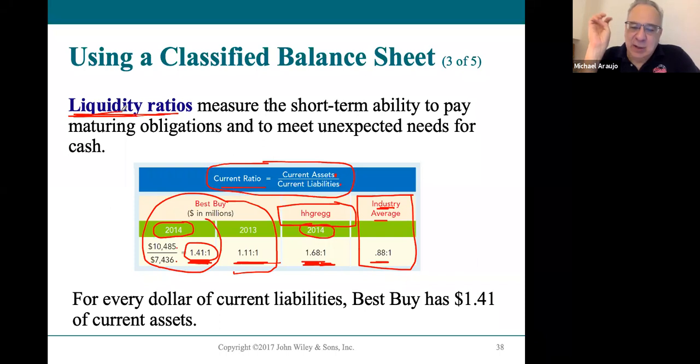And you can see that. It's a very stressed industry. And this liquidity ratio of 88 cents of current assets for every dollar of liabilities puts most of the industry at risk for some type of financial failure to pay a current bill. But like I said, Best Buy, doing okay. H.H. Gregg, doing better.